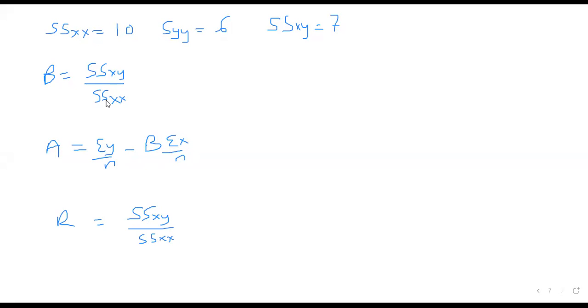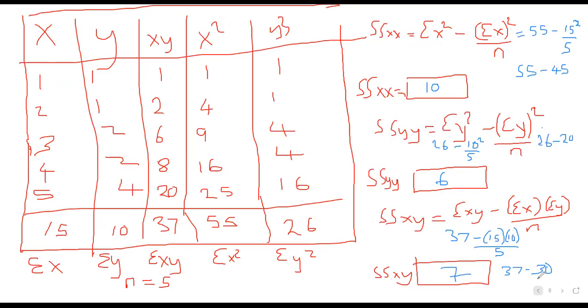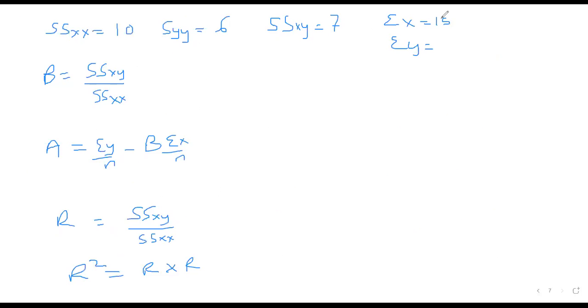And our R squared was just multiplying R times R. Our summation of X was 15. Our summation of Y was 10. Our N was 5. So with the given parameters, I will also give you a chance to calculate these figures. Everything has been given to you, just an issue of substituting.